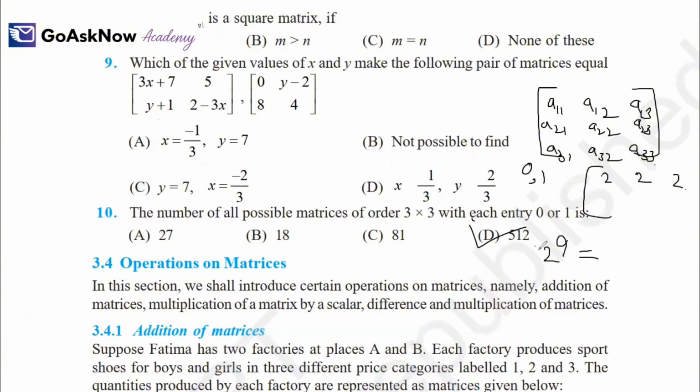This is an example of selection, or permutation and combination. So yeah, these are some of the questions of your first exercise. Now we will see what the next topic in matrices is. So let's move further.